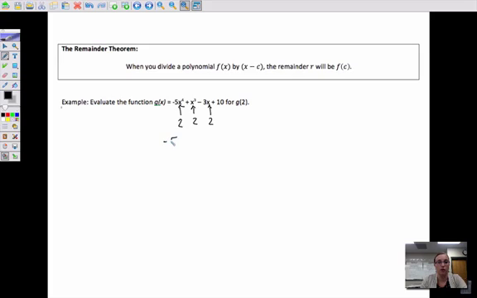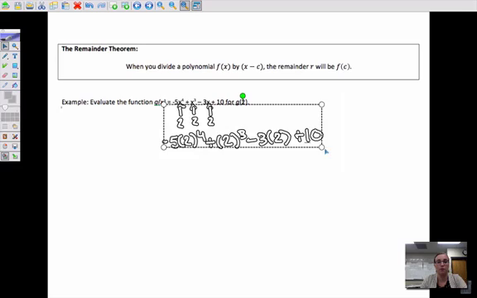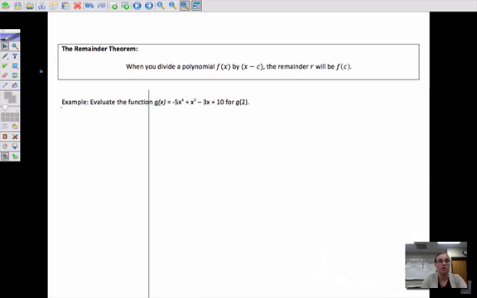So one way you could do it is just go through and find the answer to this here. But the remainder theorem helps us do something more quickly, which is to divide negative 5x to the fourth plus x to the third minus 3x plus 10 by x minus the number that you're trying to evaluate at.